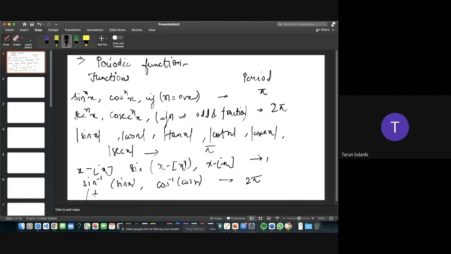Next, if we have half sine x, next we have half cos x, and similarly we have half of sin x plus half of cos x. So all these become 2 pi, right? So first you copy till here, then we will move to the next.